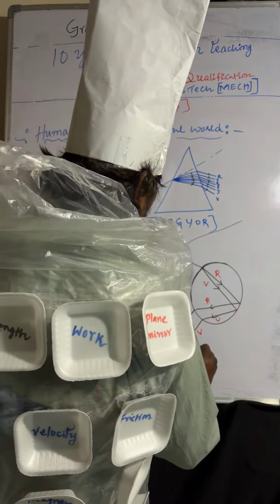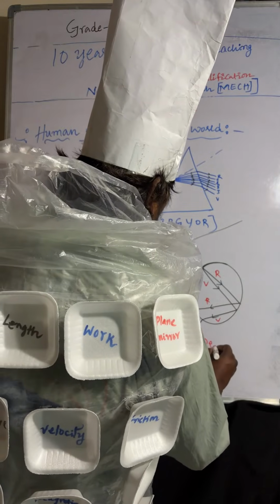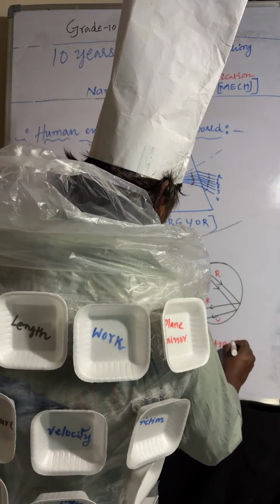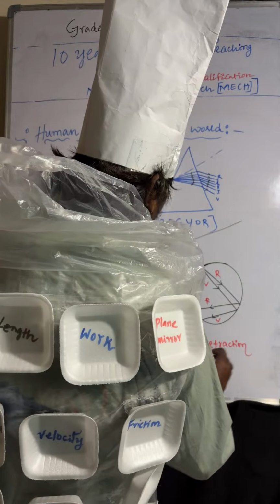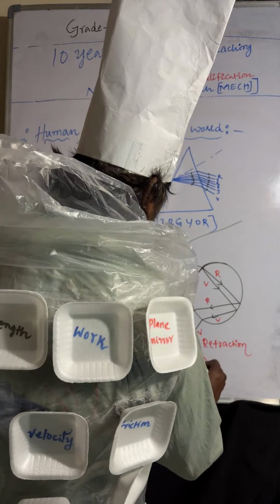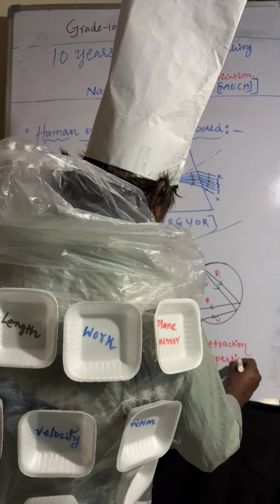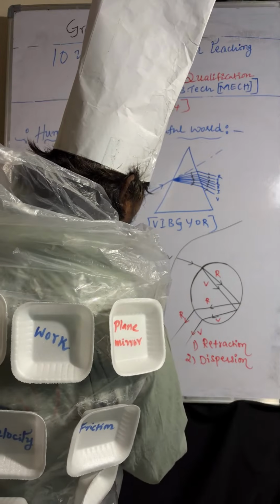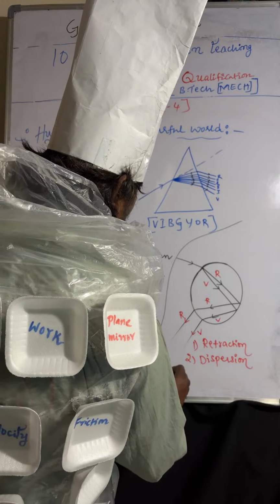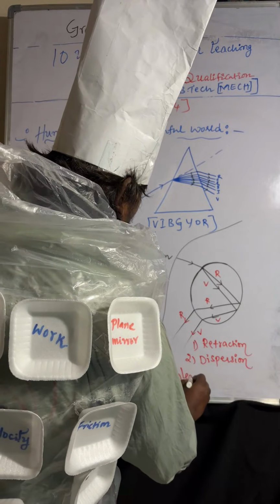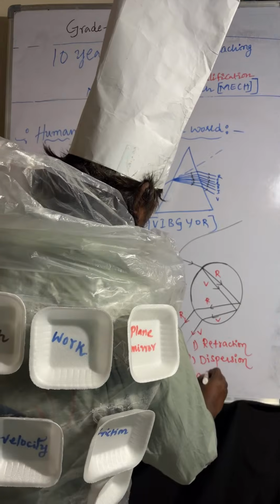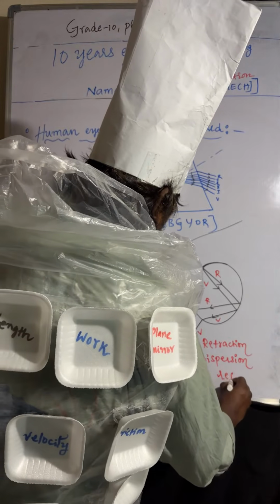What are the phenomena involved in the formation of a rainbow? Refraction, second one dispersion, and the third one is internal reflection only.